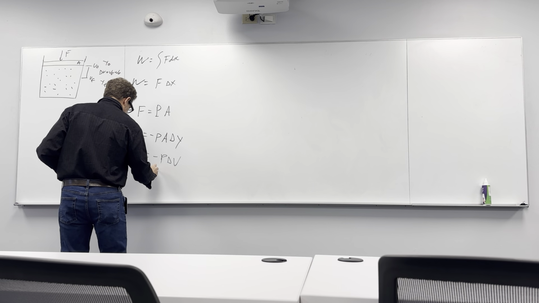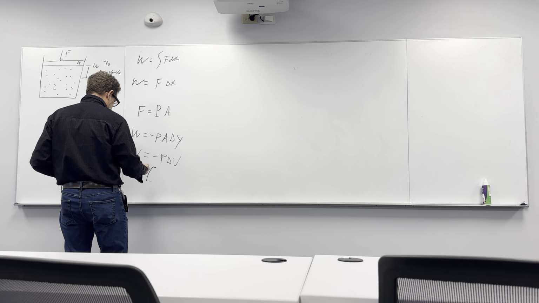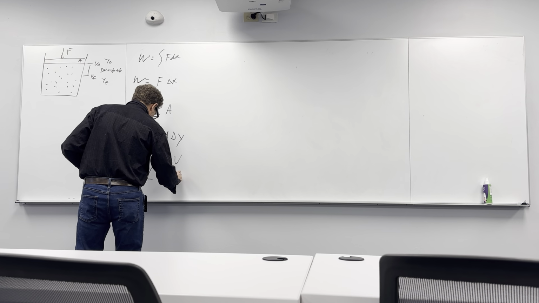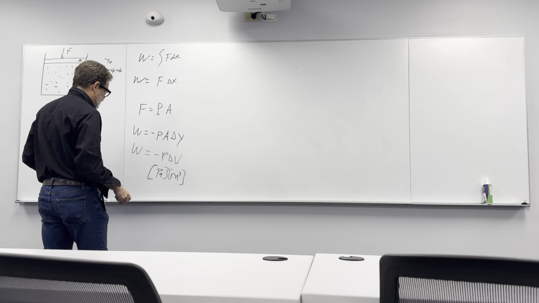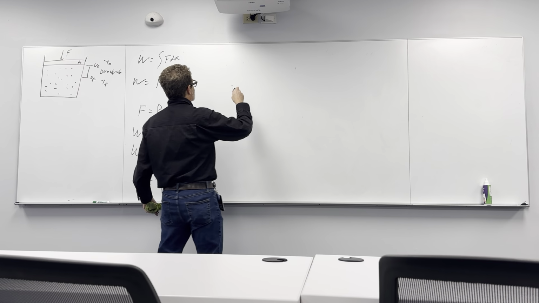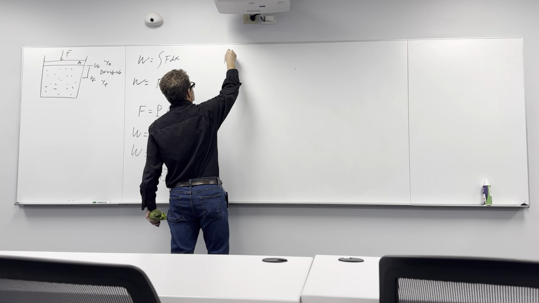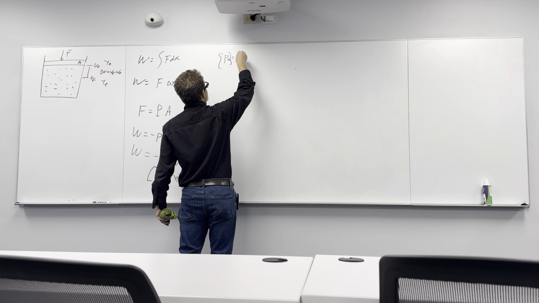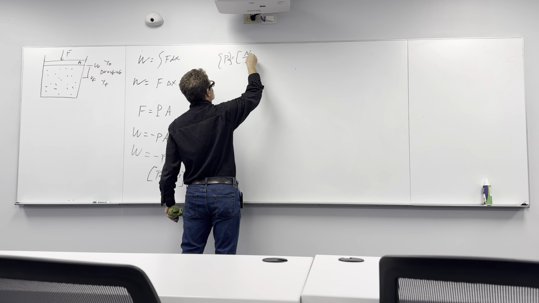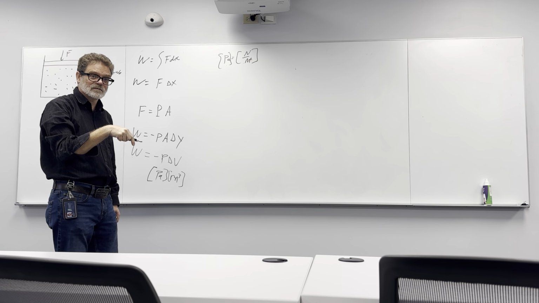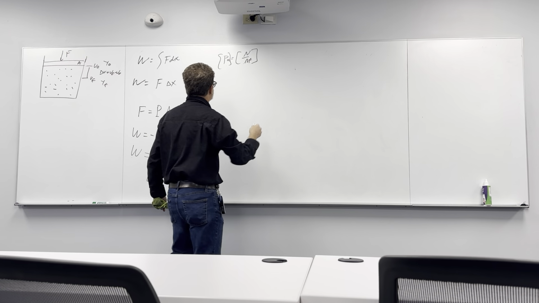What are the units for pressure? Anybody remember? Pascals, and volume is meters cubed. What can we write pascals as? Pascals I can write as newtons per meter squared, force per area. So if I take a pascal times a meter cubed, what do we get?